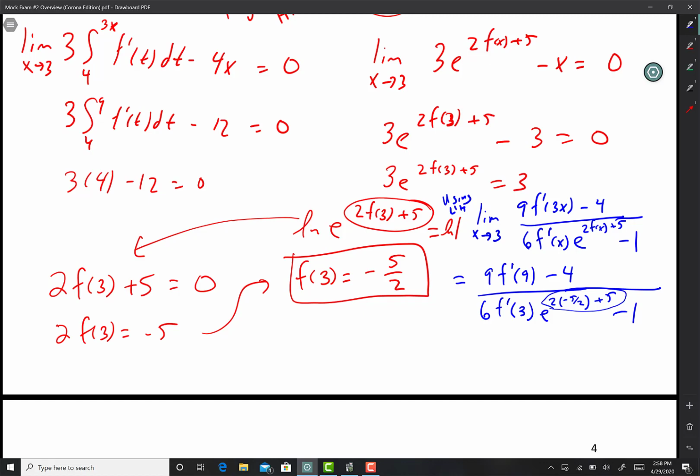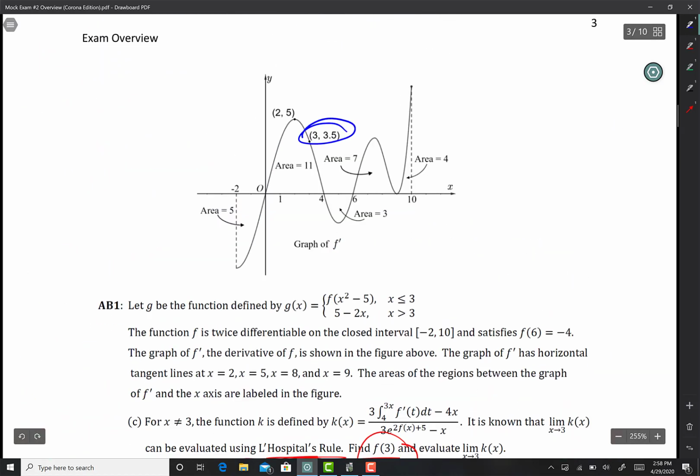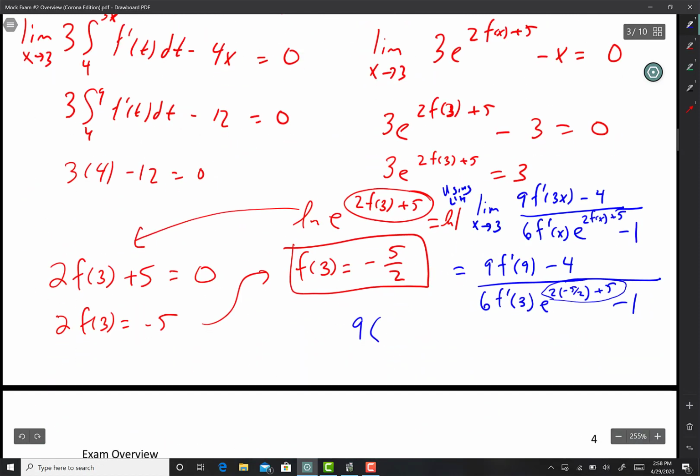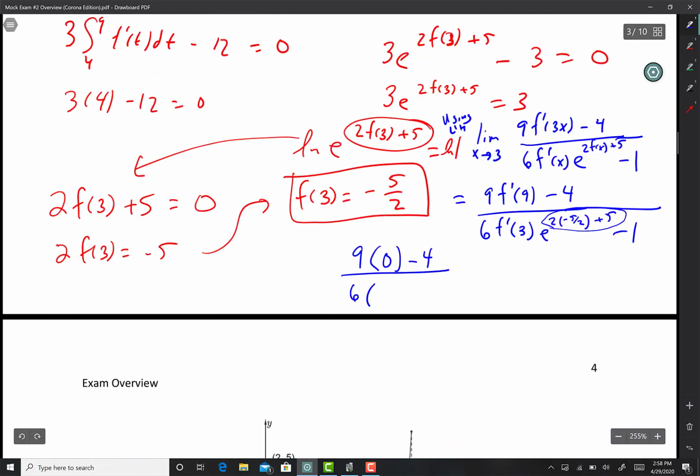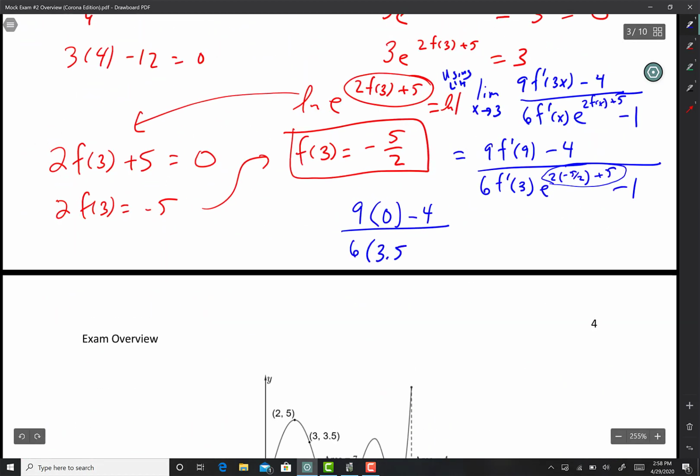So here's what I have. I have 9 times f prime of 9. f prime of 9, this is 9, that's 0. So 9 times 0 minus 4 over 6 times f prime of 3. And f prime of 3 is 3.5, times 3.5 minus 1.